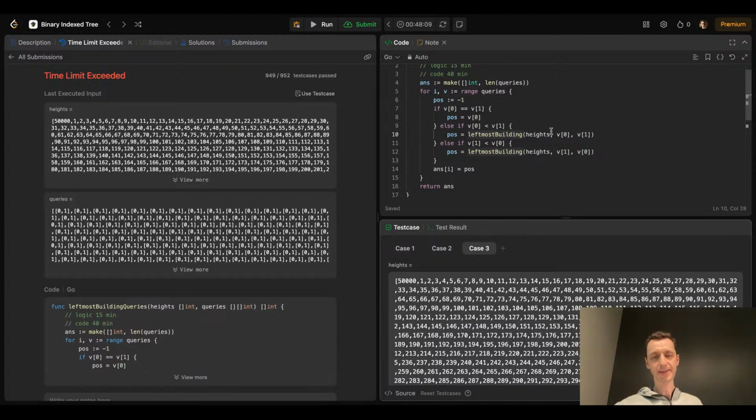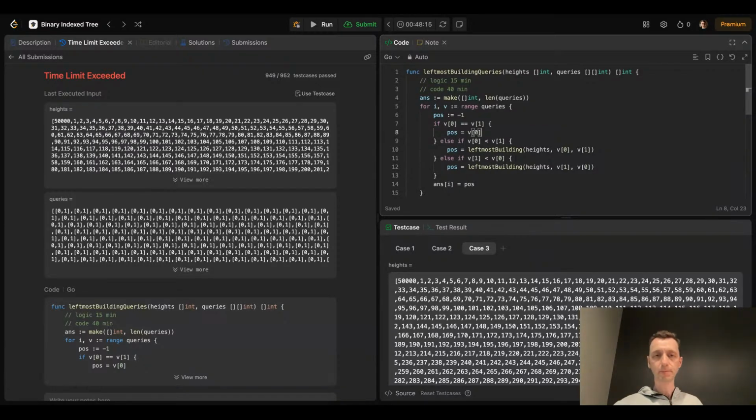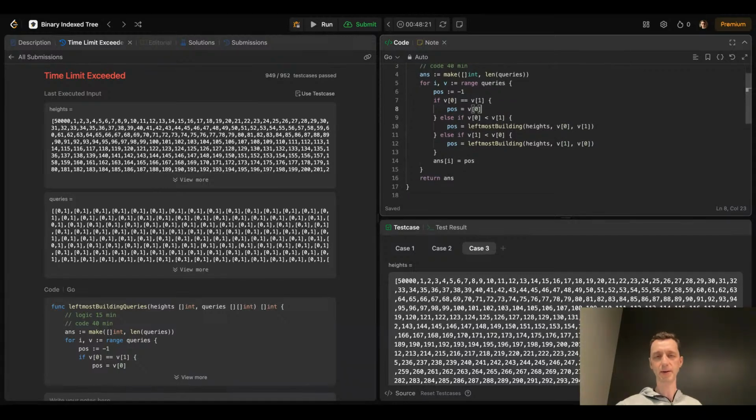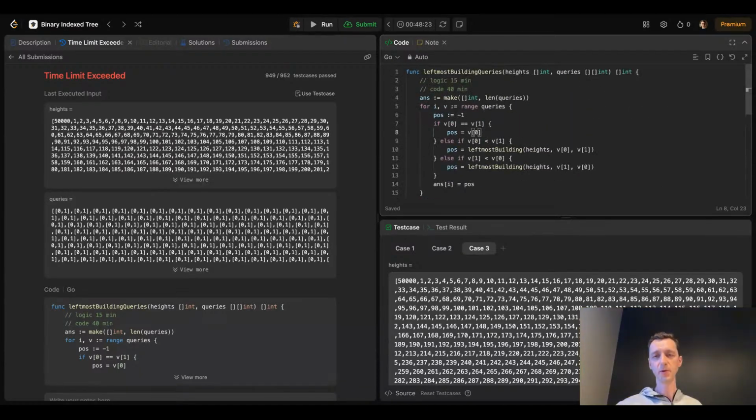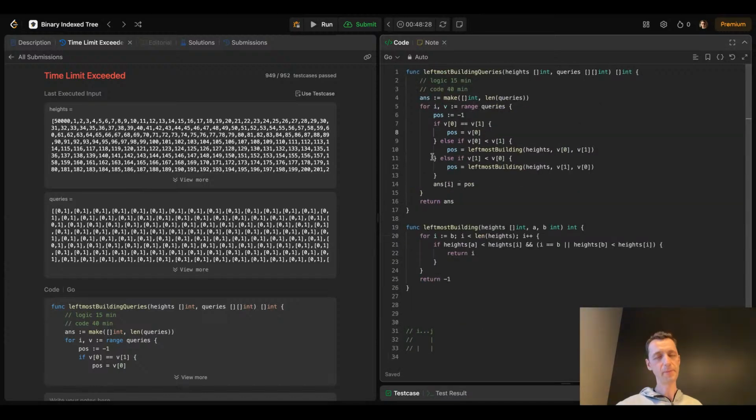Yeah, time limit exceeded. Okay, we can work on optimizations, but we have something going that's already solved most of the test cases, worked on most of them.